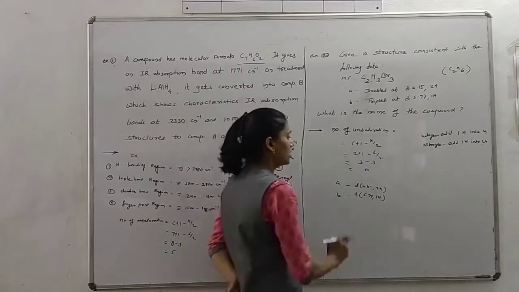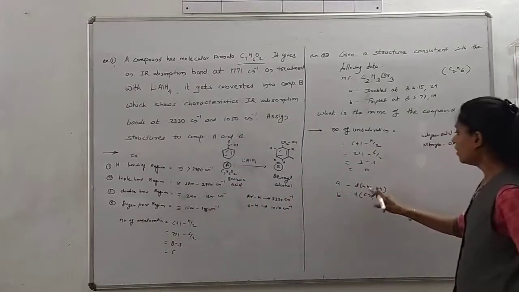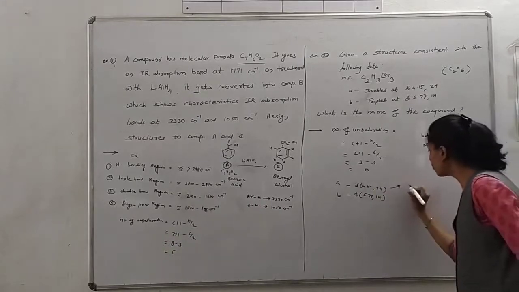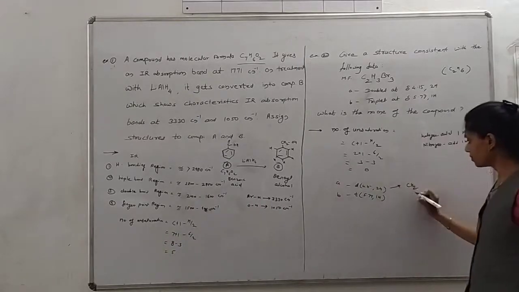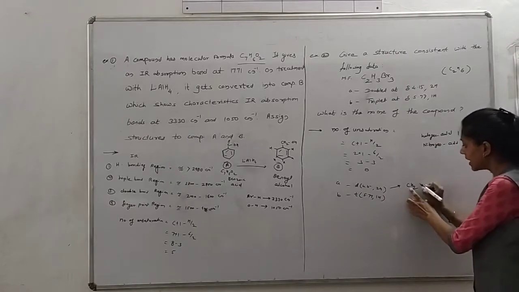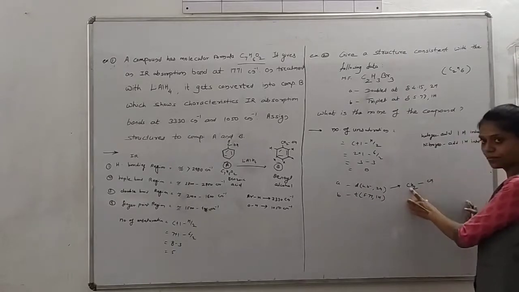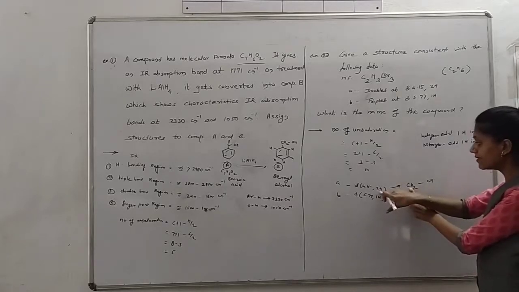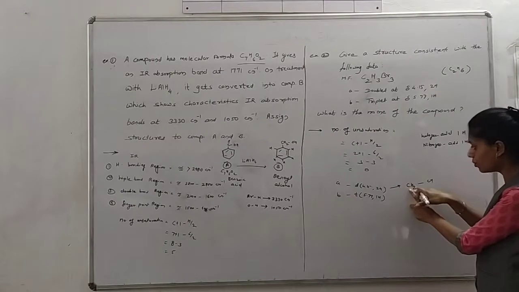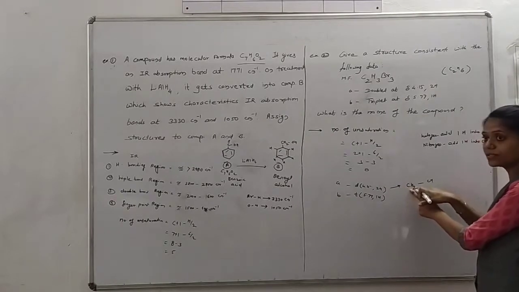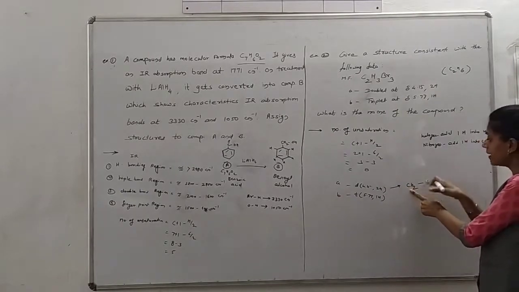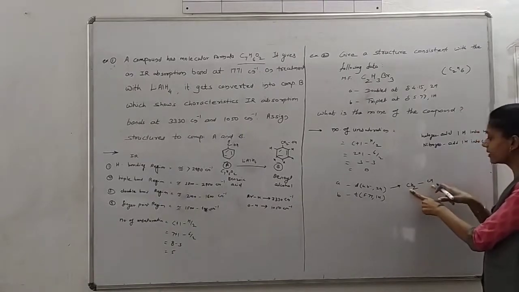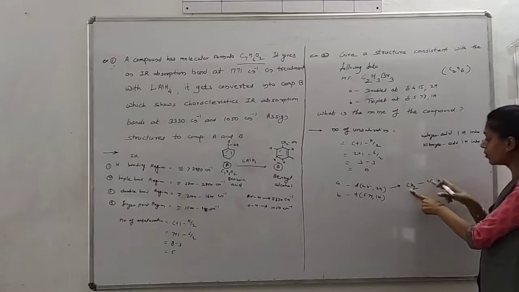Here, when 2 protons give a doublet, that means a CH2 group gives the doublet and is attached to a CH group. When it gives a doublet, the adjacent atom has only 1 proton, according to the N+1 rule.